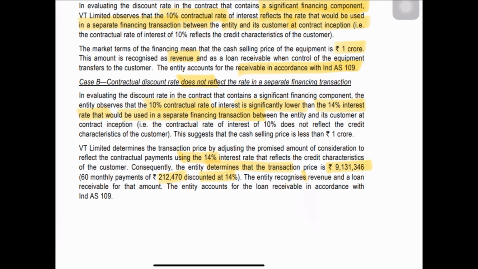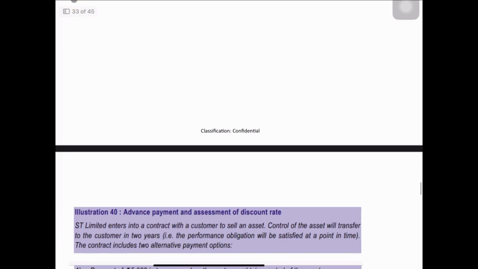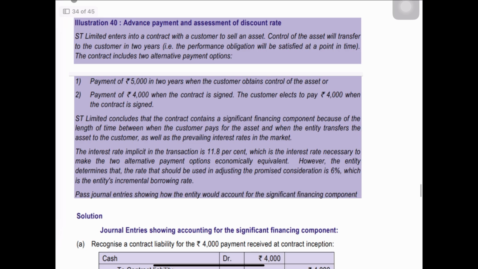Here the entity recognizes revenue and a loan receivable for this amount. The entity accounts for the loan receivable in accordance with Ind AS 109. Okay, then let's go through the next example.